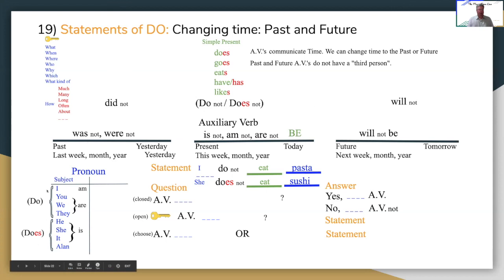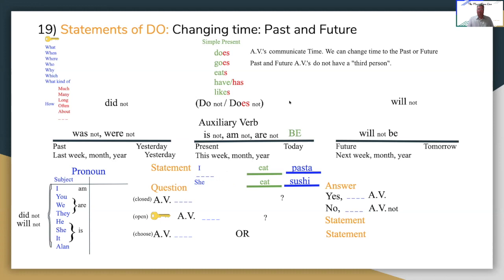So at the bottom of the screen here, do and does disappear. And they become did not and will not. And these apply to all of the subject pronouns. So, I did not eat pasta, she did not eat sushi becomes our statement. Or I did eat sushi, I did eat pasta and she did eat pasta.